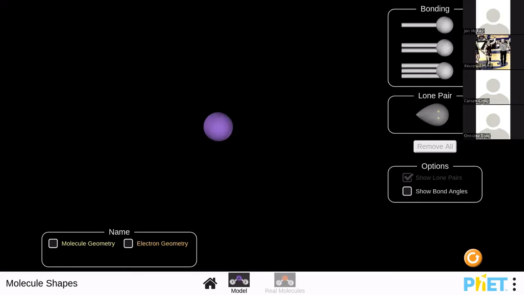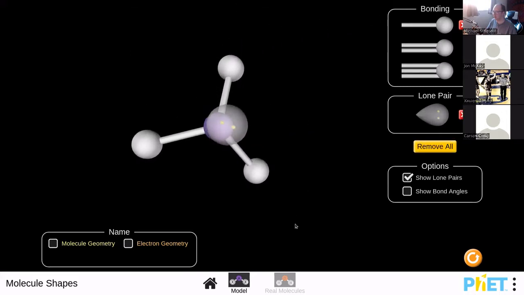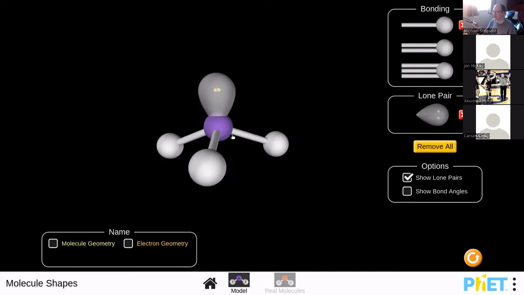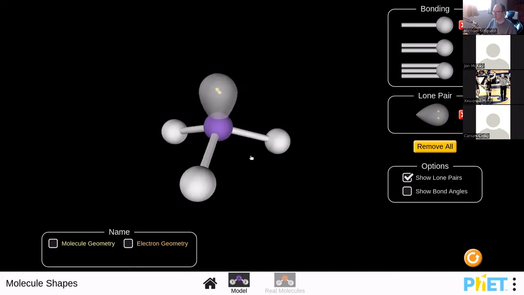So I'm just fussing with that. Let's make it. So we're going to have 3 things bound to it, right? And then we're going to have this lone pair. And what we get here is this shape that is called a tetrahedron. Okay, the tetrahedron is a shape.